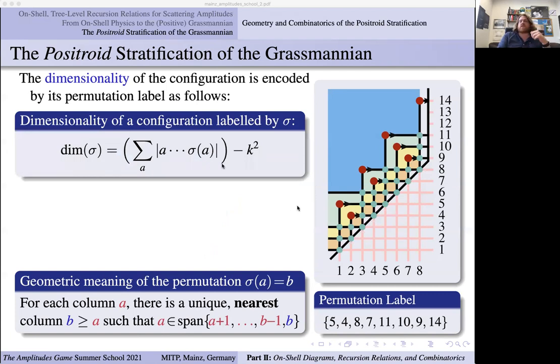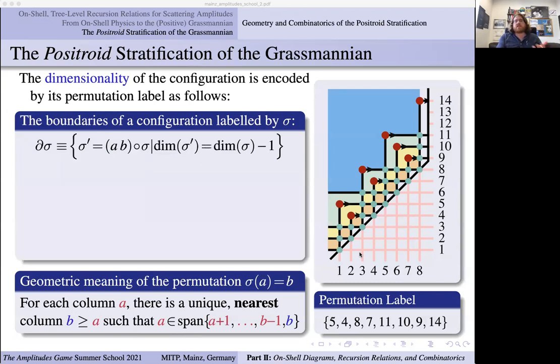And that overcounts the rank by k squared. So because there's still the overall GL_k. And so this immediately tells you that these dots count the dimension of the space. And it also tells you what it means to go down in dimension by 1 in terms of these permutations. It means you have to do a transposition that deletes a dot.